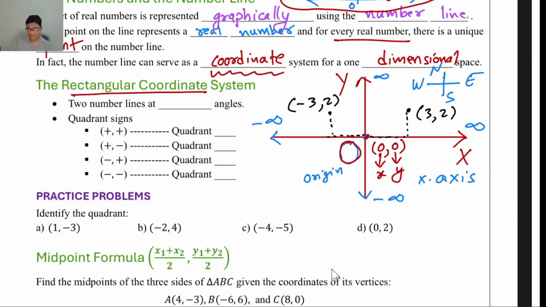So you can understand in a very similar way, if I am somewhere here, it could be something like -5, -1. Or if we are somewhere here, let's say it could be 6, -1, right? Why?